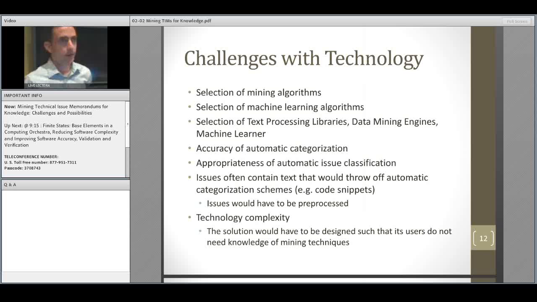So the technology is there and it's promising, but I believe there are certain challenges with this technology. Challenges with respect to what are the right mining algorithms for our problem domain. What are the right machine learning algorithms?